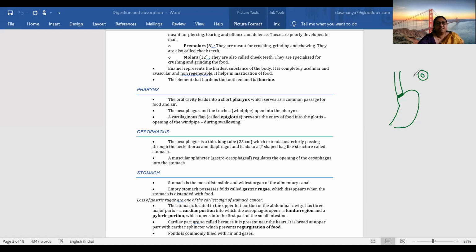Sphincter muscles are present in many places of our body. They are even present in the urinary tube, that is called the urethra. So they contract to decrease the diameter of the structure, and when they contract completely, the pipe is totally blocked.